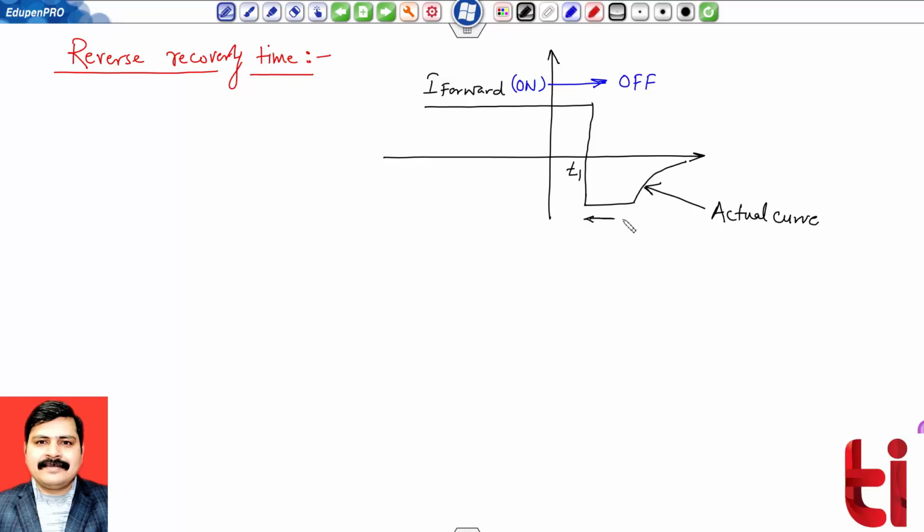There is a certain time which I am writing as tt. This is my transition time, and you can see that during this particular period I am having some value of current, which is my I reverse. And there is another time which is termed as TS, and this TS is storage time.